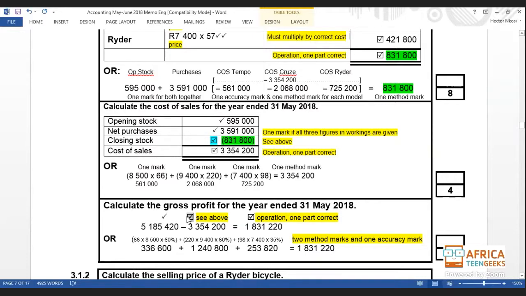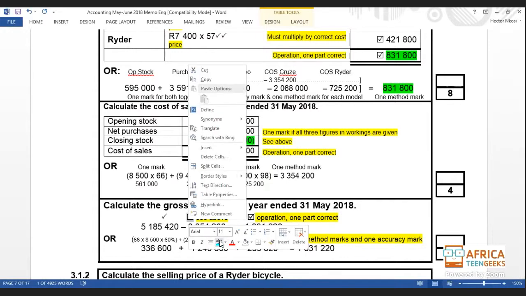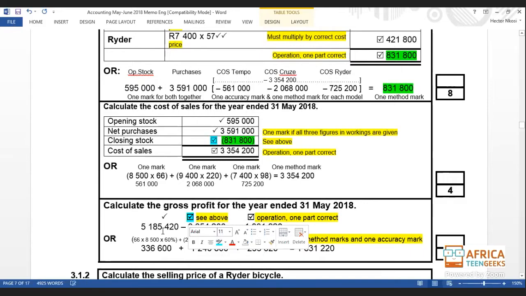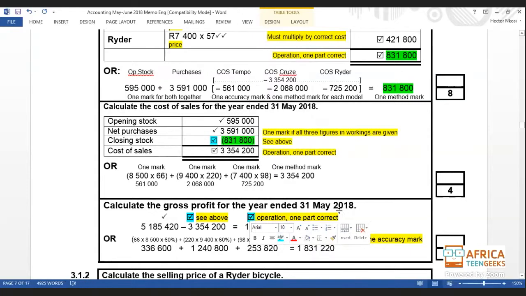A carried forward mark, because you have used your previous answer to calculate the next answer. So this mark with a circle, guys, these are easy free marks. We call them carried forward marks, and these are easy marks, right? Then you have your gross profit as 1,831,220.